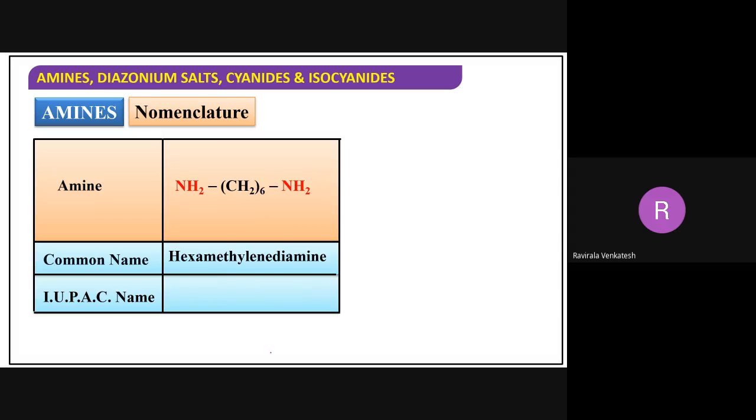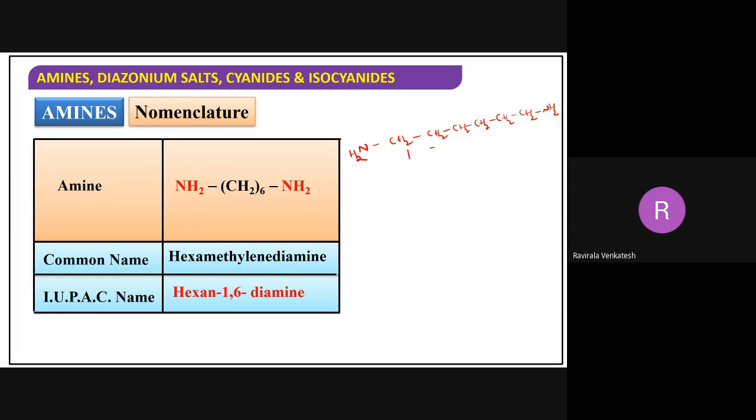Now this is useful in polymers, but polymers are not there, so leave this one. Hexane 1,6-diamine, you can write like this: NH2, CH2, CH2, CH2, CH2, CH2, NH2.